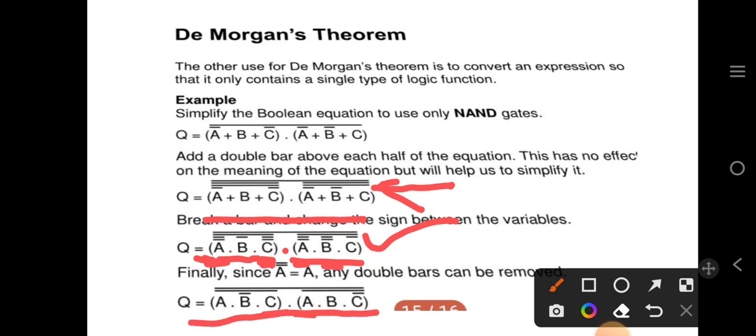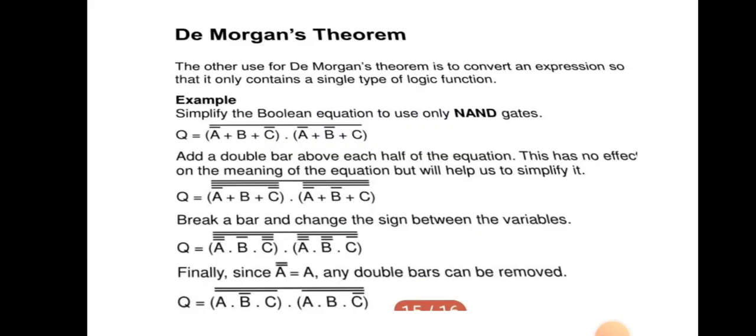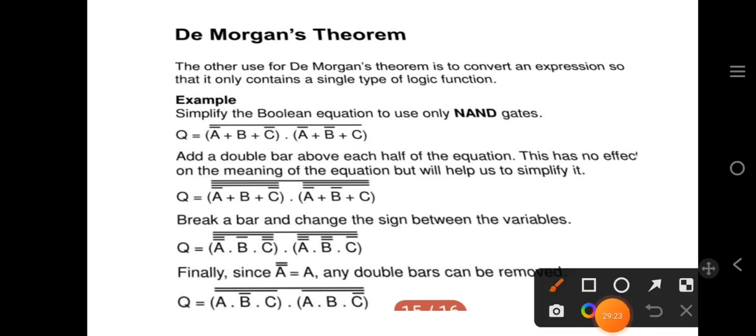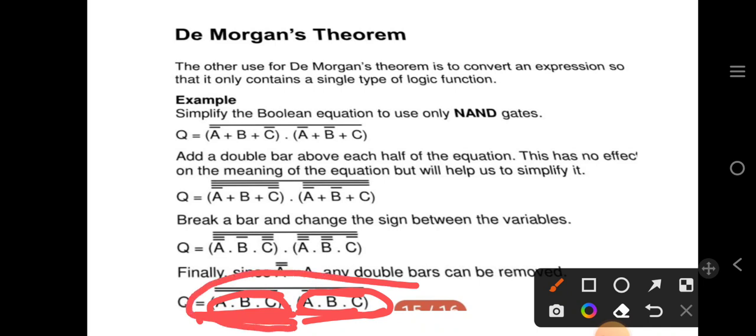Okay, now in this equation you can see there are only NAND gate, means there is NAND gate between this bracket, there is a NAND gate between these two brackets. Again after that there is a NAND gate between these three inputs A, B bar and C, and there is a NAND gate between A, B and C bar. So this is complete one NAND gate, this is complete one NAND gate, and there is again one NAND gate between these two brackets.